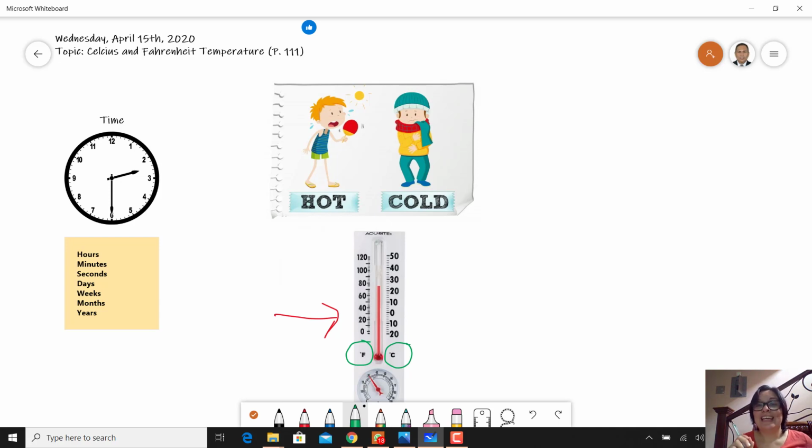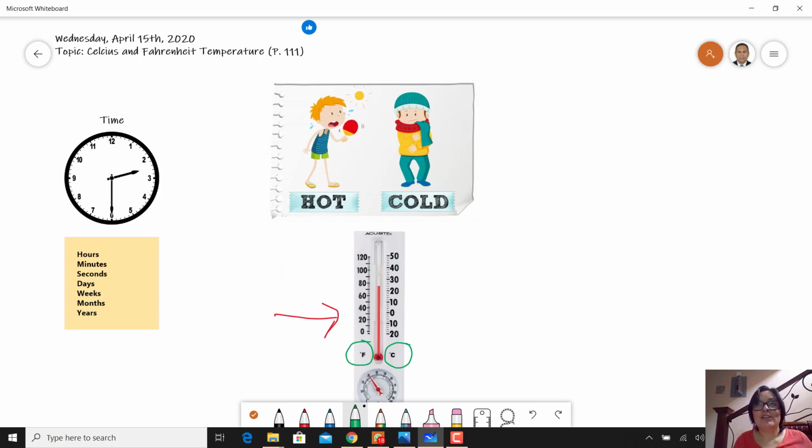Even at home, if you go to the stove of your kitchen, the stove has an oven, un horno, estufa. You are going to see that there is a little button that your mom moves. And on that button it says 200, 300, 150 Celsius or Fahrenheit. That means that the oven of your stove at home has a thermometer.